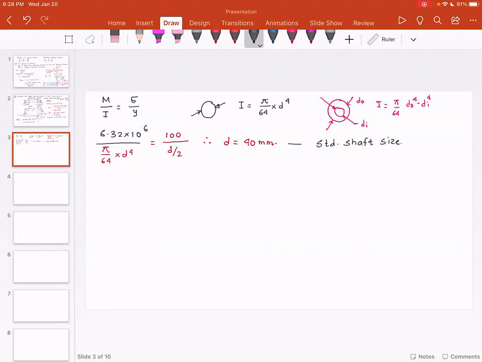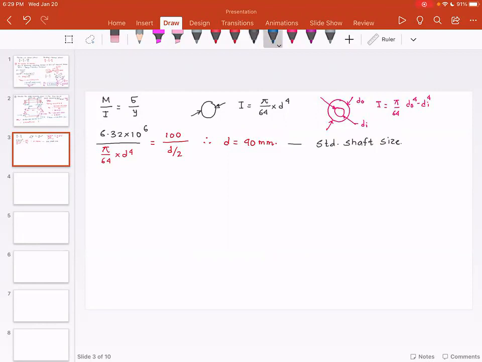But if the dimensions are 85, 87, 88, 89, and the standard shaft size that is available on McMaster or in the machinery's handbook or design data book is 90 millimeter, then you can pick up that shaft dimension.